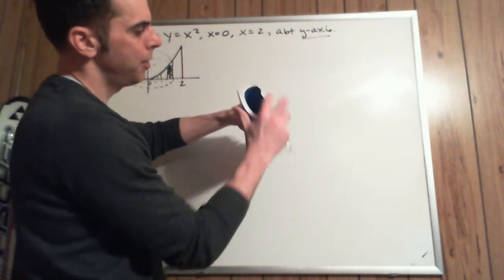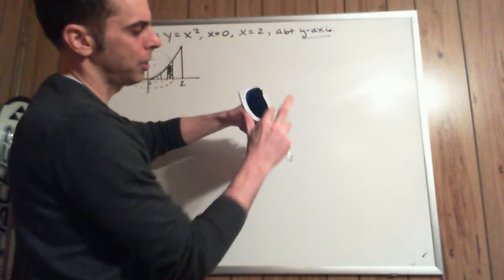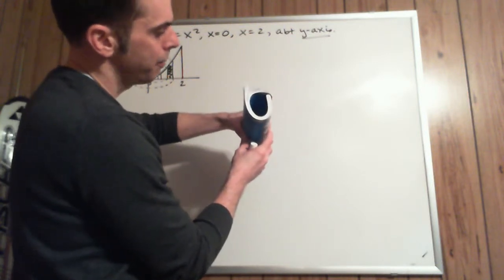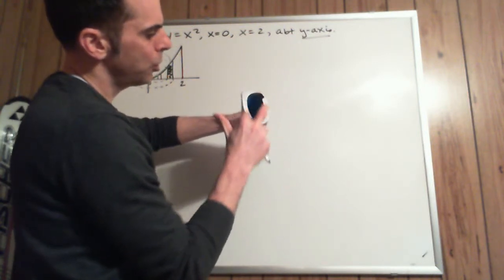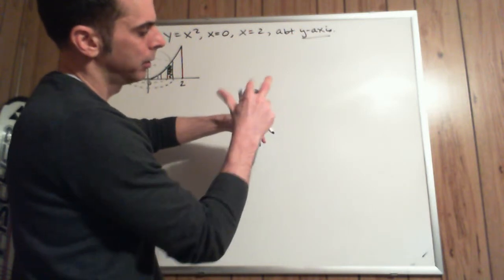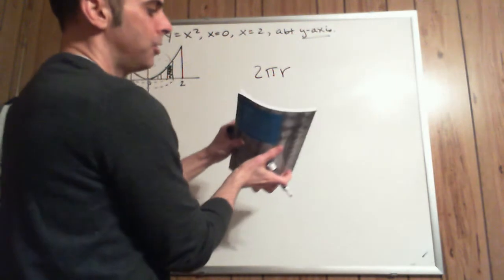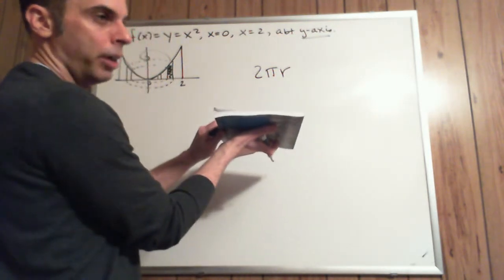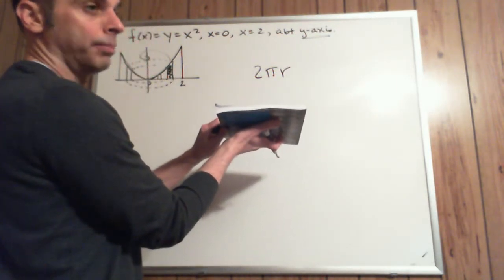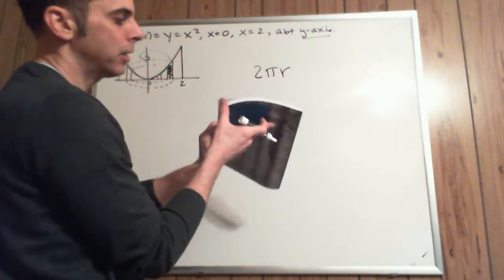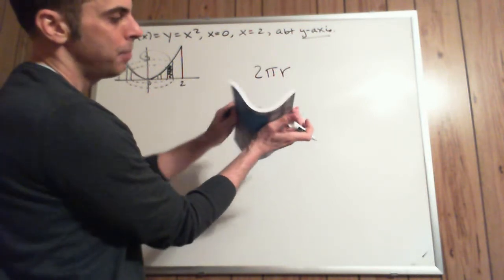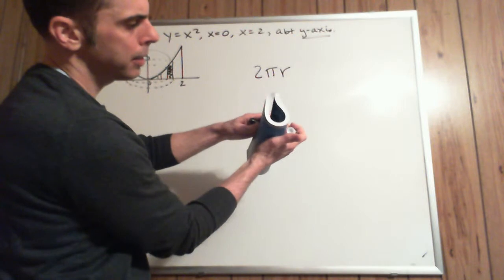What would be the volume of this piece? Well, the distance around a circle is 2 pi r. So if I undo this, I end up with a rectangular prism, where this length is 2 pi r, because that corresponds to the distance around the circle.